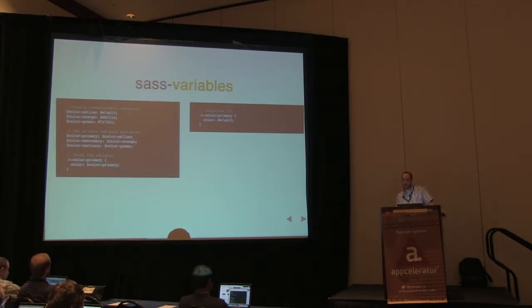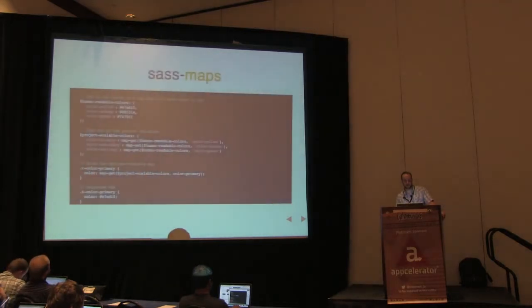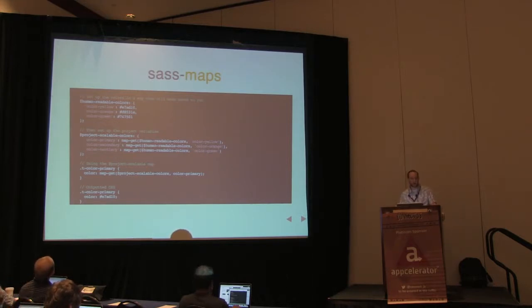And as of Sass 3.3, we actually have Sass maps, which are variables with key value pairs, right? So this has been out for just about a year now. So here, I'm kind of doing the exact same thing. I've got a map of human readable colors, right? I've got our color yellow, orange, and green. And then I've got a second map of project scalable colors.